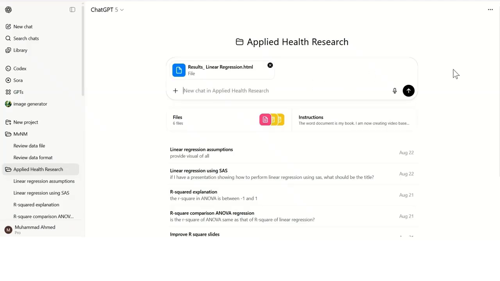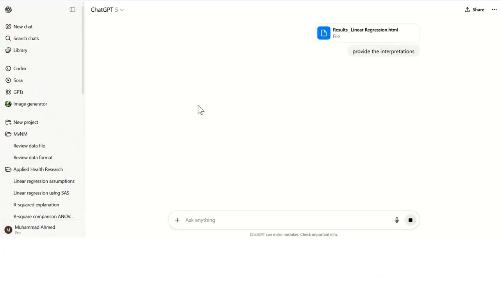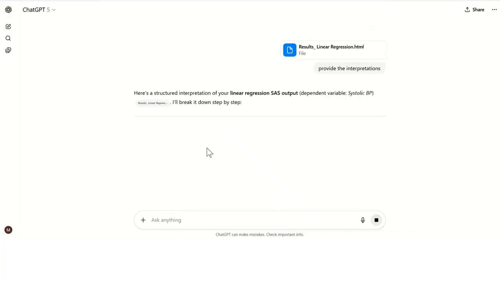If not, then we can come back and upload the visuals separately. Okay, so provide the interpretations. Let's see what ChatGPT gives us regarding the results.